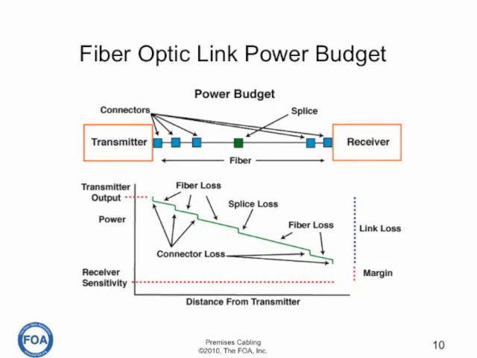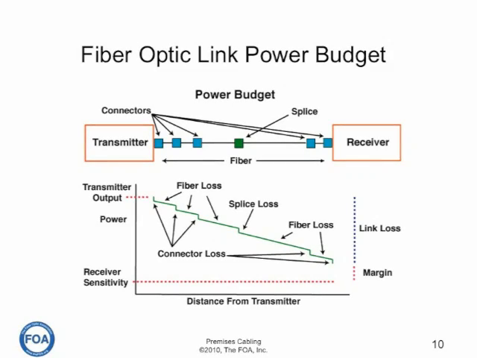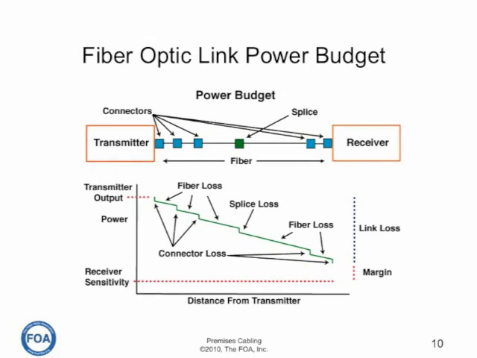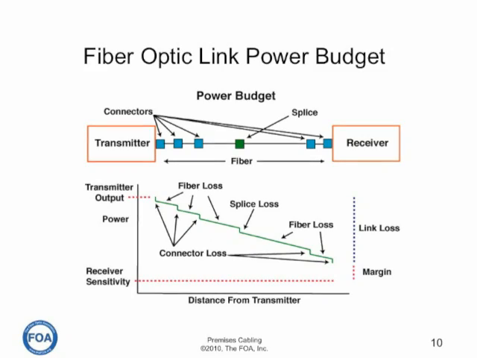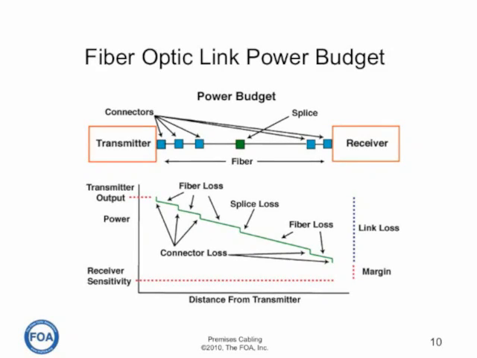To ensure a fiber optic link will work, we look at the link power budget. The link power budget considers the output power of the transmitter and the input power required for the receiver to get a specified dB loss for power that can be lost in the link.